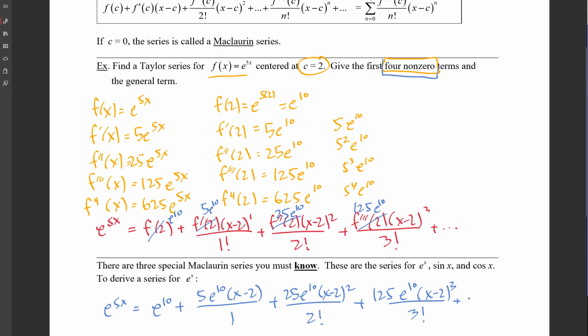I wanted first 4 non-zero terms. 1, 2, 3, 4. There are 4 non-zero terms here, so I'm good.